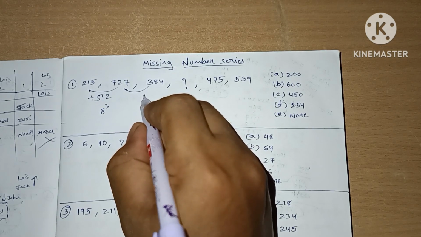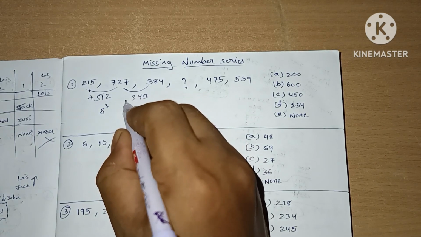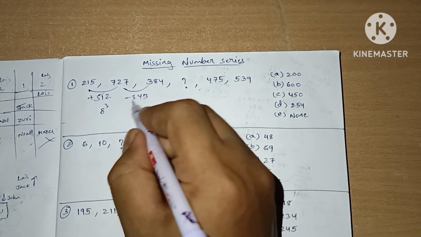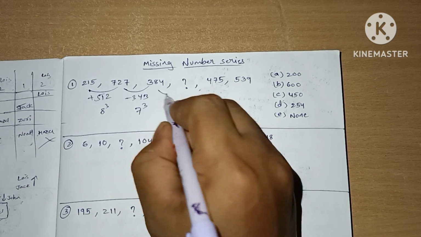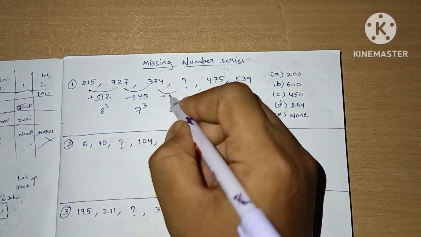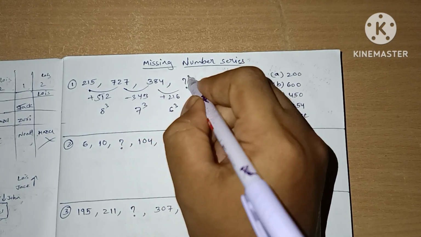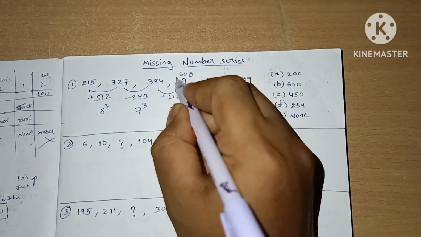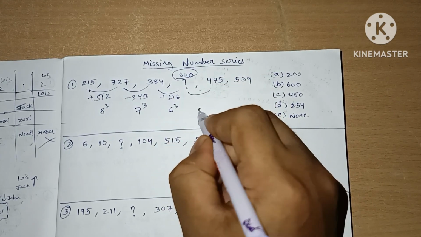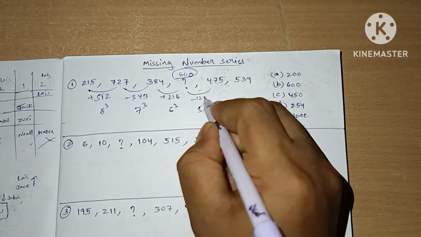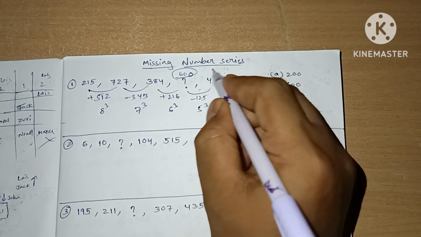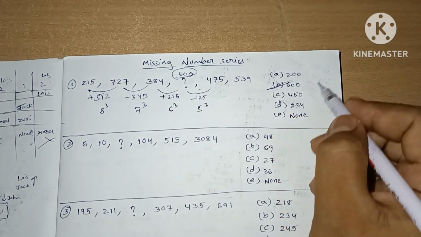Here the difference is 3, 4, 3 minus. Okay, minus 343, which is 7 cube. Here plus 6 cube, which will be 216. This will be 0, 0, 6, 600. Next one must be 5 cube, minus 5 cube, minus 125. It will be 475. So our answer will be 600, option B.